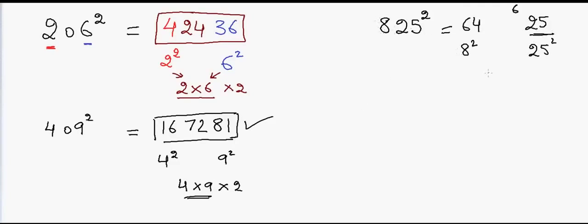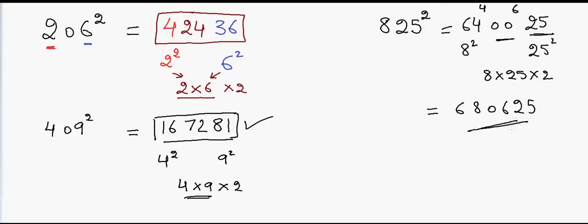Now if we multiply 8, 25 and 2, that will be 400. So we can only write two zeros here, and I have to carry a 4, because we can only take the two digits. So now if we add them together, then it will be 6, and 4 plus 4 is 8, 0, 6 plus 0 is 6, and 25. So that will be my answer.